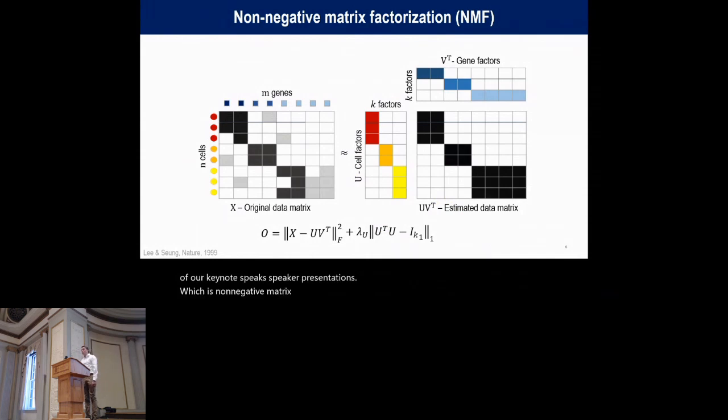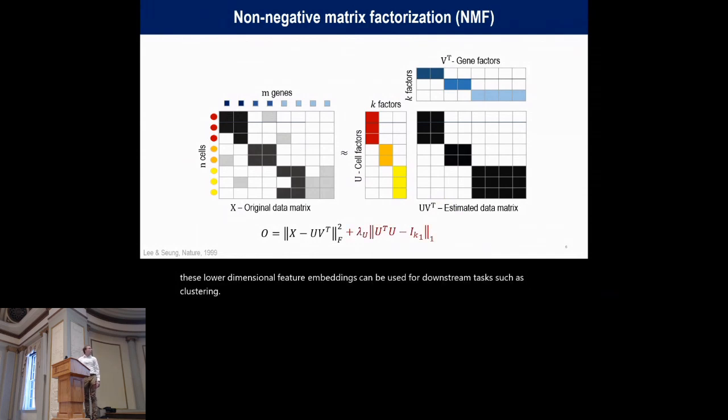With non-negative matrix factorization, we have an original data matrix X, which is factorized into two lower dimensional matrices U and V, such that the product of those two factors recapitulates the original matrix. Generally, these lower dimensional feature embeddings can be used for downstream tasks such as clustering.